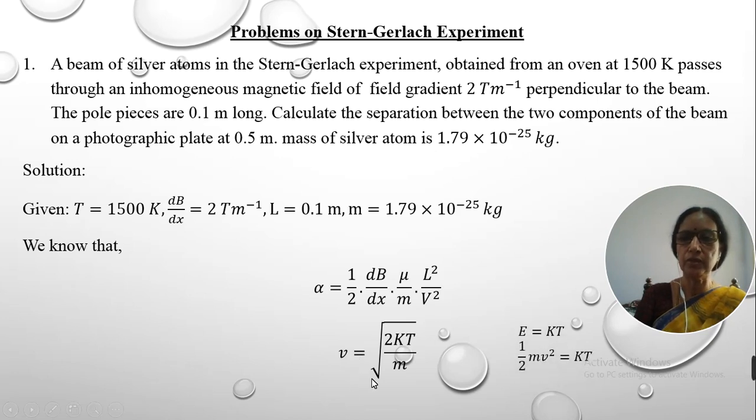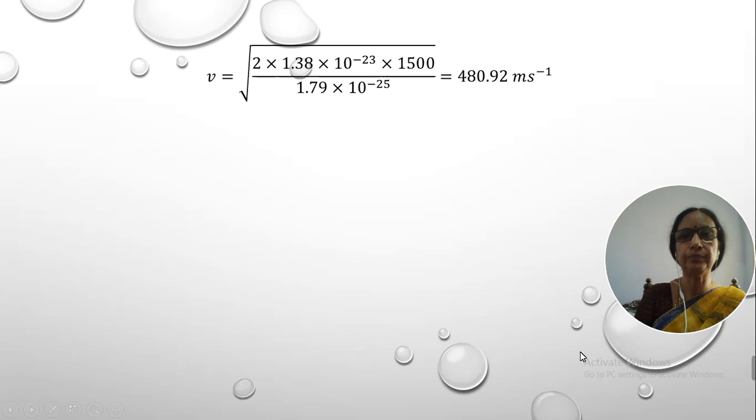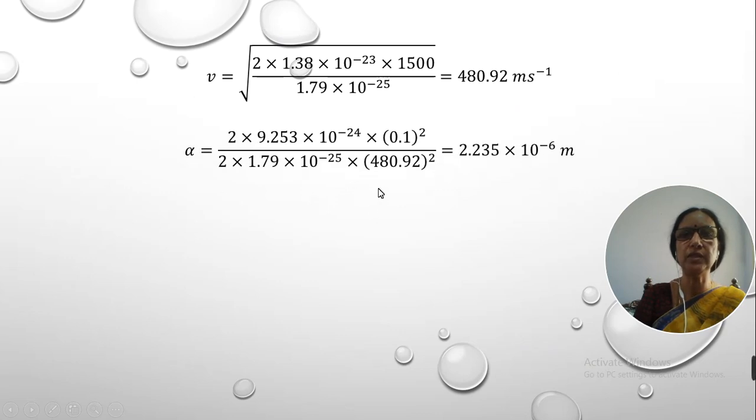So you see, written here, thermal energy is nothing but kT. So in place of energy, half mv square is equal to kT. Substitute the value. v comes out to be this much. So let us use this velocity in the calculation. Substitute all the values. All the values are now with us.